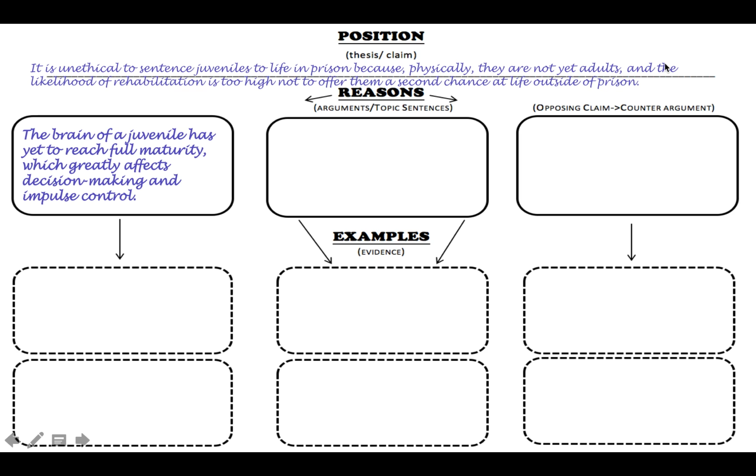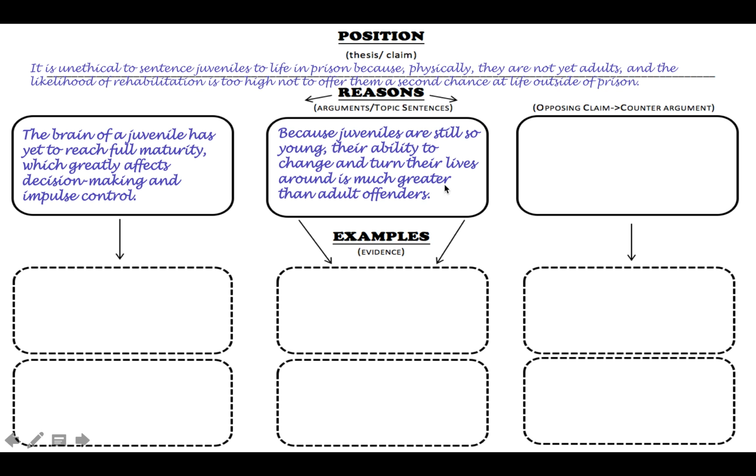Now, the other part of this is trying to talk about how juveniles are really good candidates for rehabilitation and that they can change more easily than adults. So we take this and make that into our second topic sentence. So this would be the topic for paragraph 1, and then this for paragraph 2.